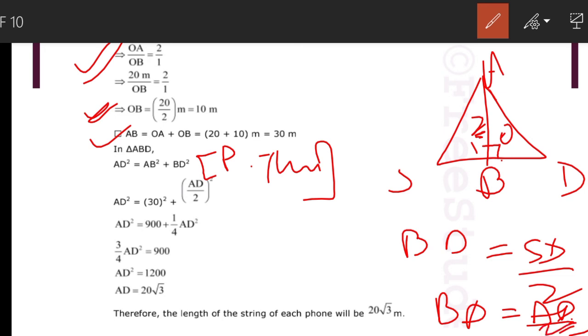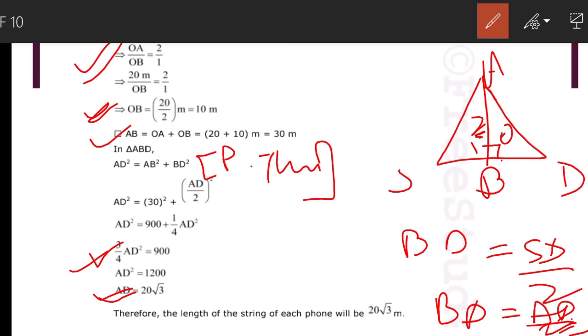So AD by 2 whole square. So we get AD square is equal to 900 plus AD square by 4. Taking AD square to one side, we get 3 by 4 AD square is equal to 900. So AD square is equal to 1200. That means AD is equal to 20 root 3.